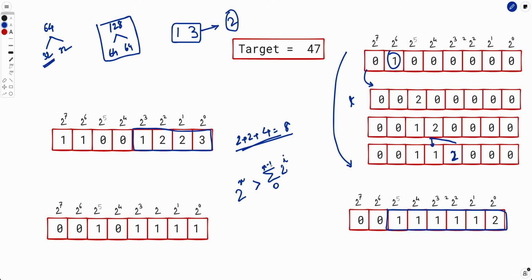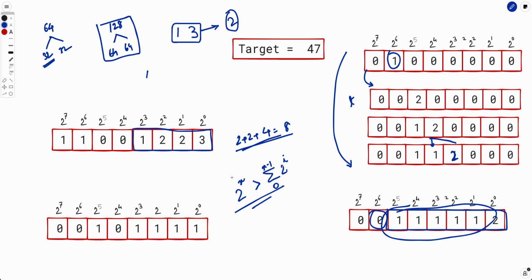So basically, if you sum them all up with 1 1 1 1 1, then also it will be smaller than the next element. Because of this property itself, you are sure that if there are enough elements, or if there is enough sum to make 32, you will be able to select a subset that can make you 32, right?